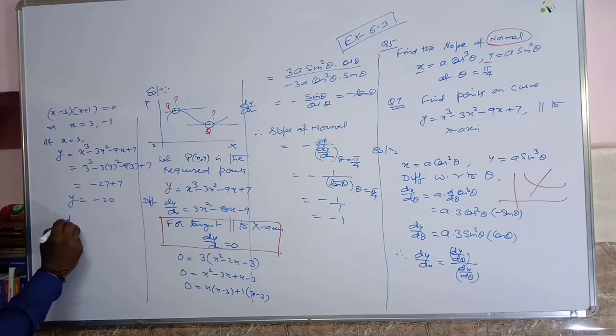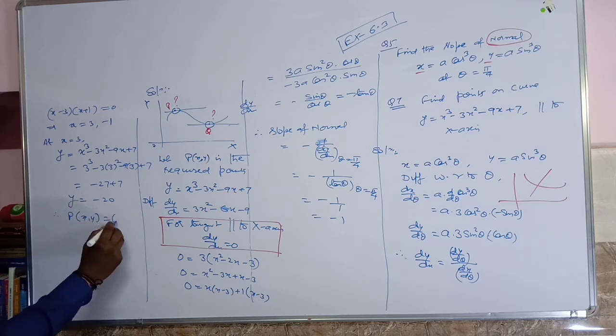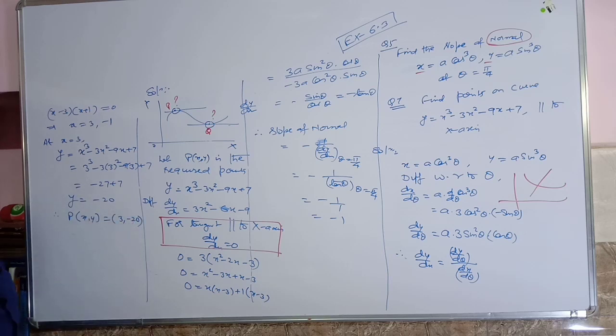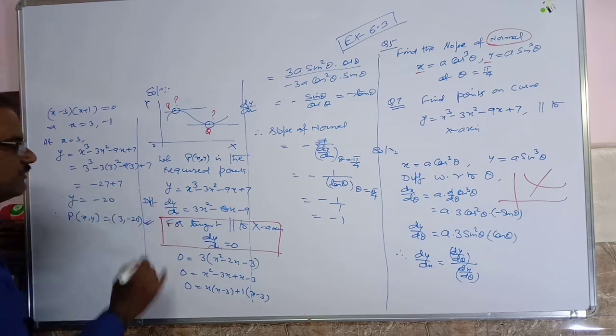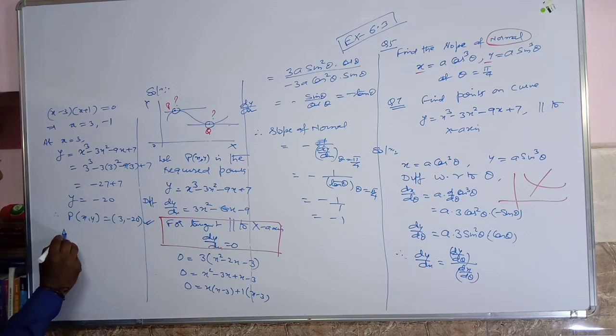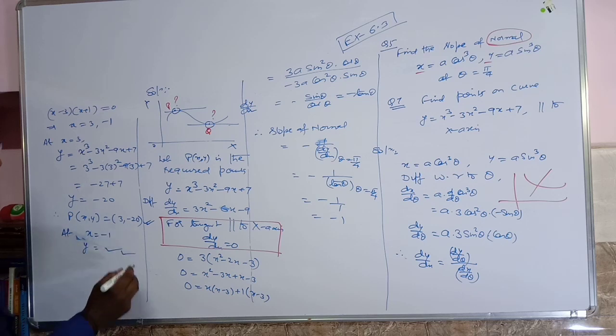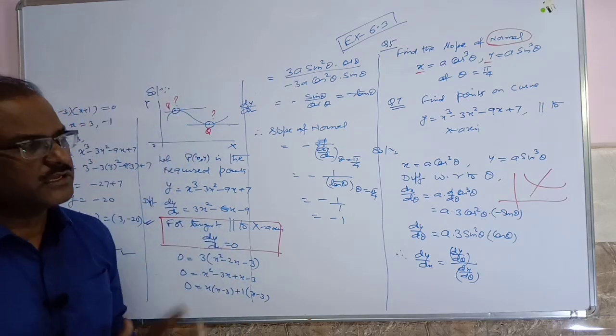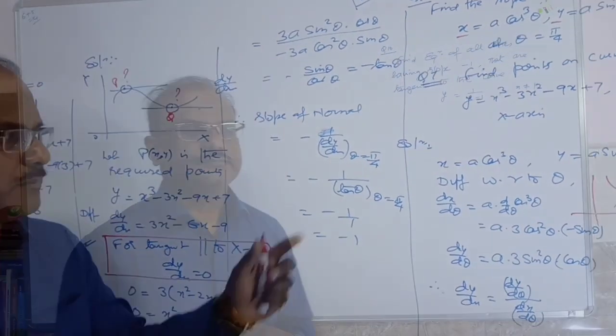So therefore P(x, y) is the point 3 comma minus 20. Of course, okay, we got one point. Similarly you can get the other point at x equals minus 1. It's your duty to get that, है ना. इस तरह से हमें 2 points. These are the basic questions where you have to apply the basic concept.